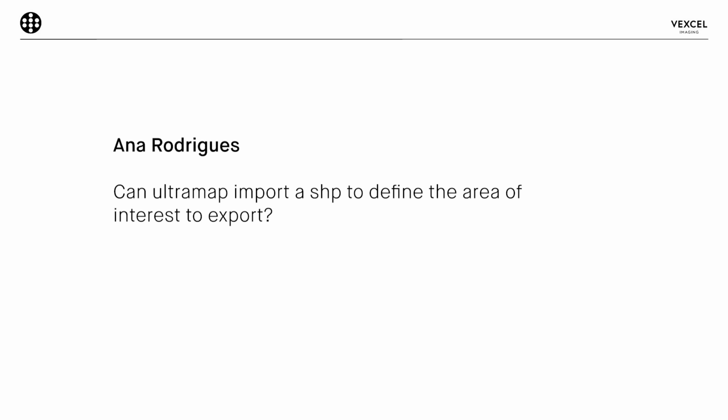Yeah, so UltraMap supports importing the shapefile with map sheets. Map sheets are a grid where the user can define the origin of the grid and the tile size of all the grid cells.